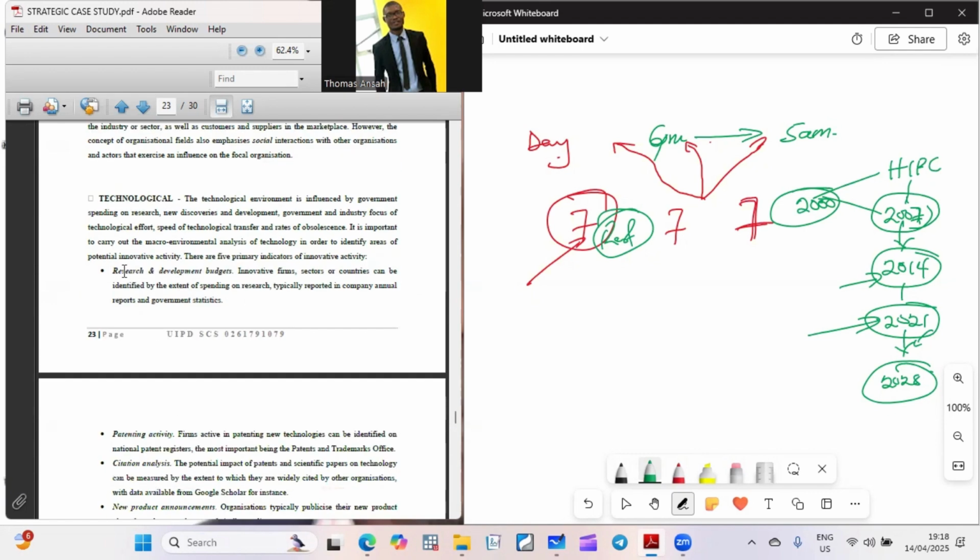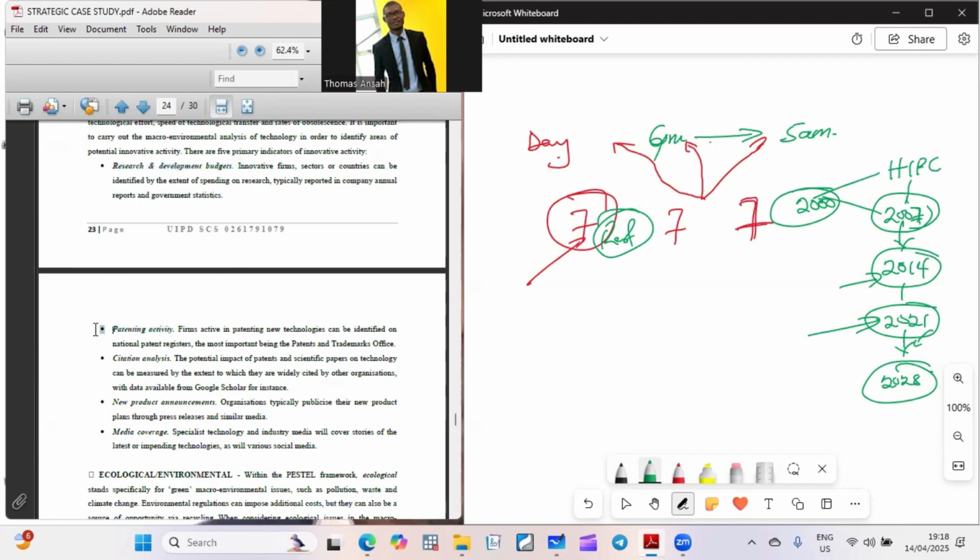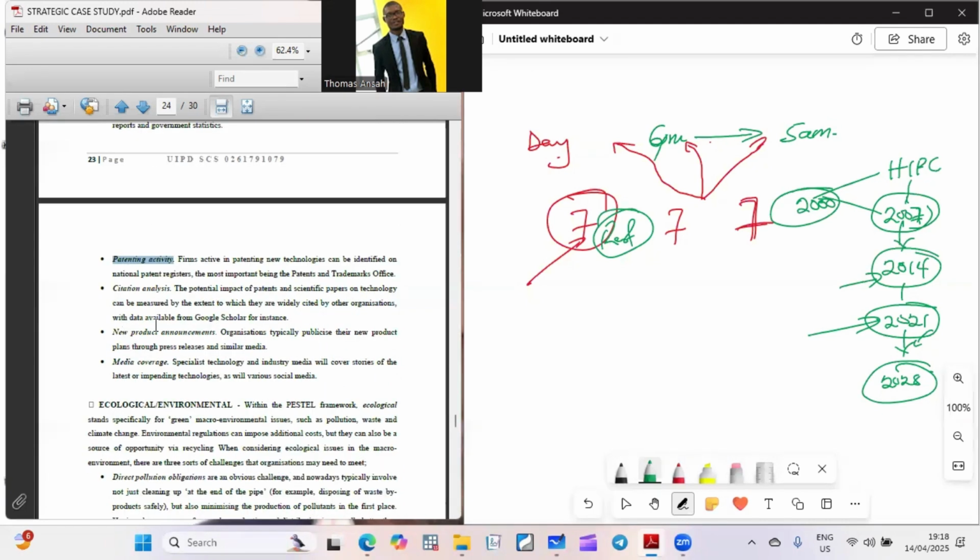Technology is grouped into 5 main areas: research and development, patenting, which is very critical when it comes to case study, licensing, citation analysis, and new product announcement. So when is it appropriate to release it into the media, and how can media cover it? When media covers your thing, it grows a lot.